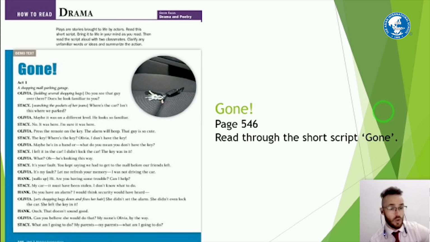Stacy. It's your fault. You kept saying we had to get to the mall because our friends left. Olivia. Oh, it's my fault. Let me refresh your memory. I wasn't driving the car. Hank. Hi, are you having some trouble? Can I help? Stacy. My car. It must have been stolen. I don't know what to do. Hank. Do you have an alarm?